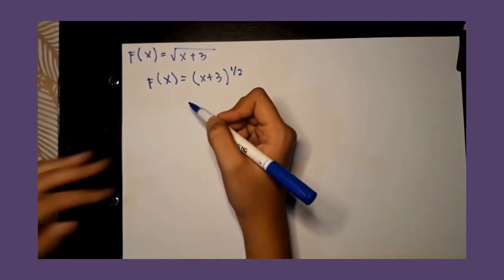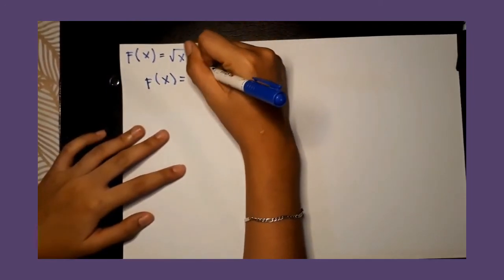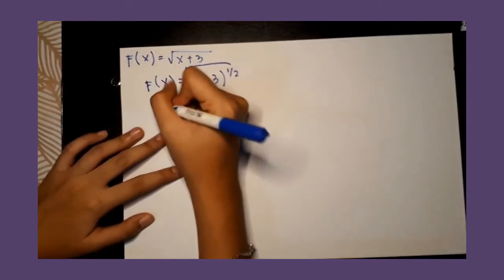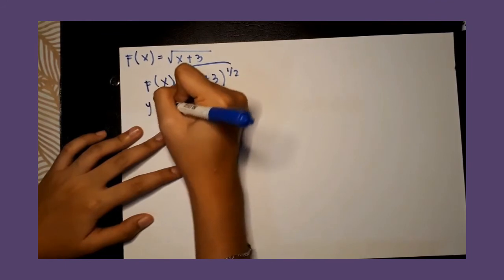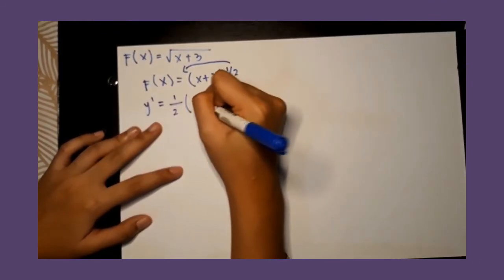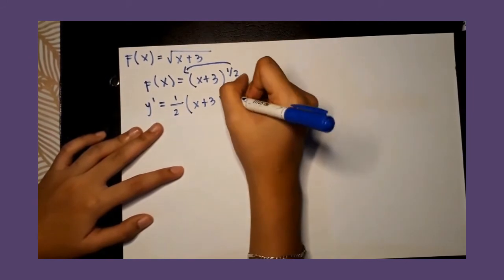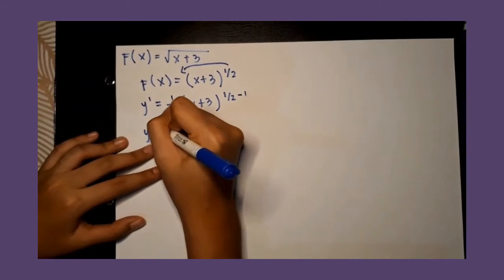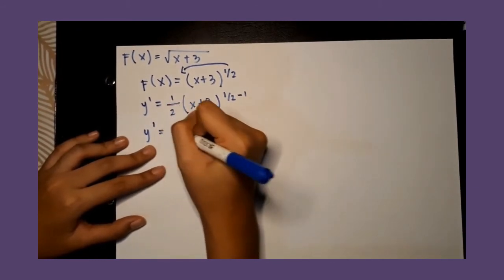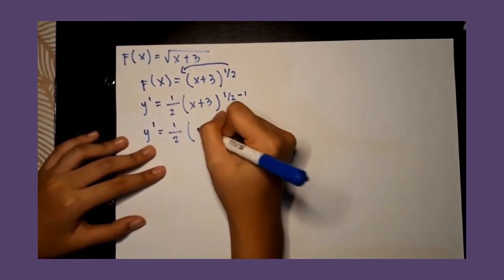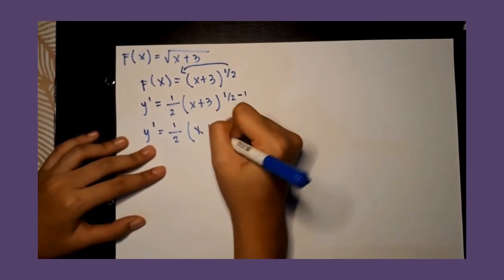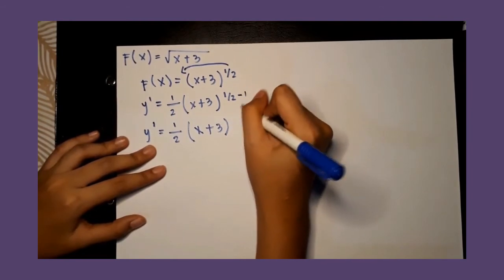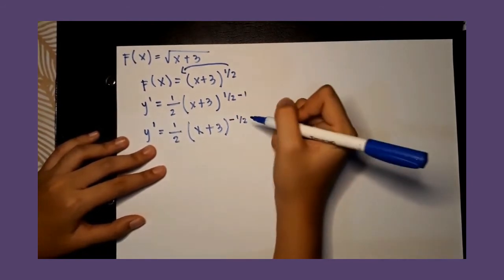So let's apply here the chain rule. We are going to multiply 1/2 to the other side. So we have y prime is equal to 1/2 times x plus 3 to the power of 1/2, and then we will subtract 1 from our exponent. Now let's simplify. Y prime is equal to 1/2 times x plus 3 to the power of 1/2 minus 1, which is negative 1/2, times the derivative of x plus 3.